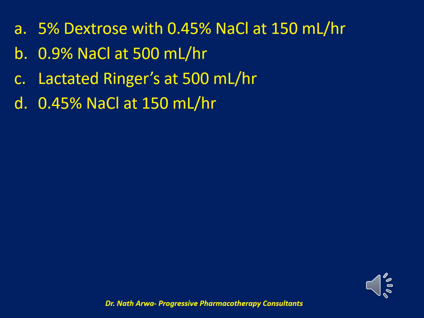Or B. 0.9% sodium chloride solution at 500 ml per hour? Or C. Lactated Ringer's at 500 ml per hour? Or would it be D. 0.45% sodium chloride solution at 150 ml per hour? I will give you 10 seconds to choose the correct answer to this question from the listed options.